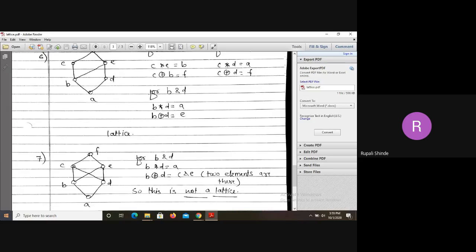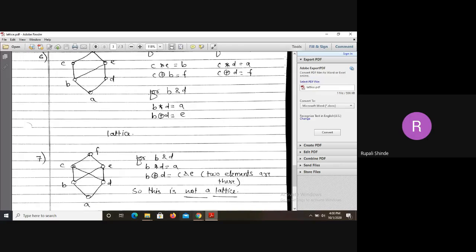BD and CE. Yes, BD and CE. If you consider BD, which one is the greatest lower bound for B and D? A. Yes, correct. And the least upper bound?